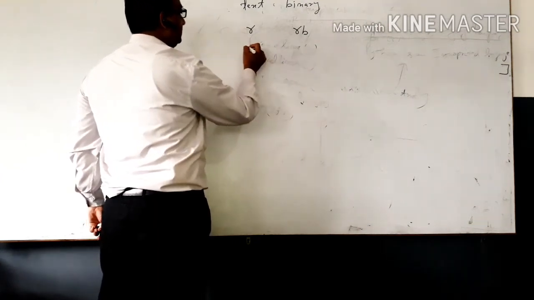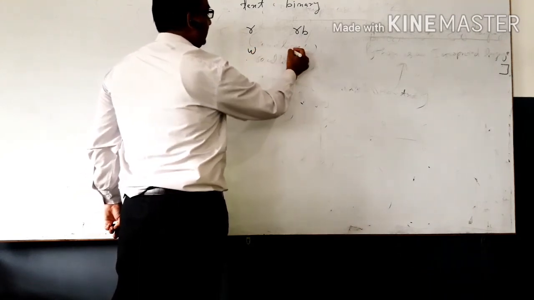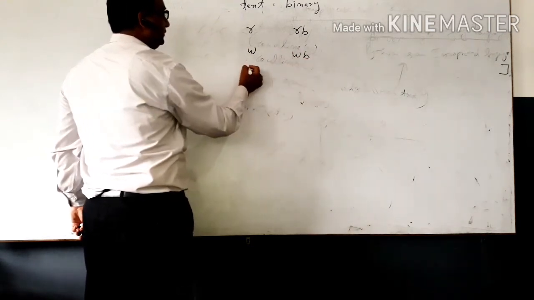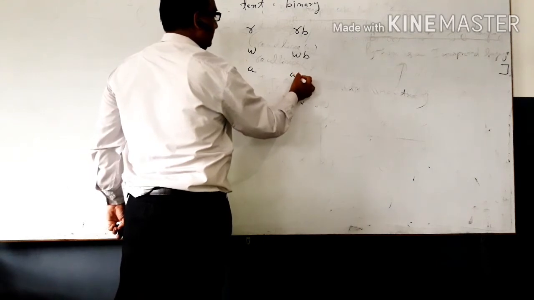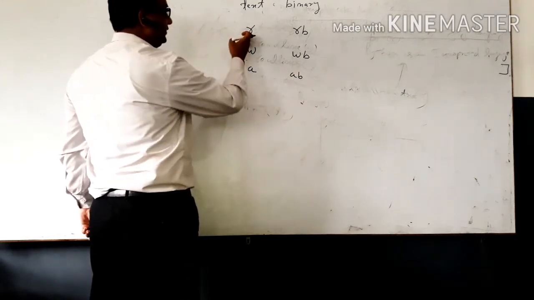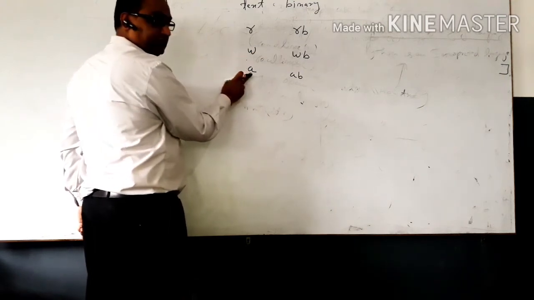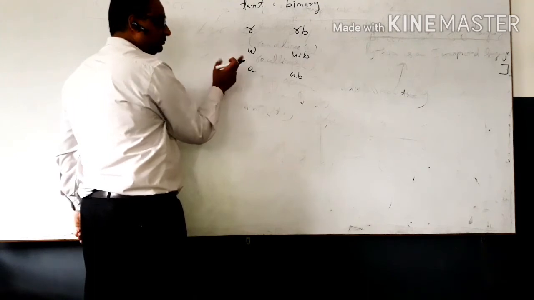Next, write, then WB, write mode, binary mode. Then next A, and then AB. A is the append mode. Append mode is the same as write mode, but both have a difference.